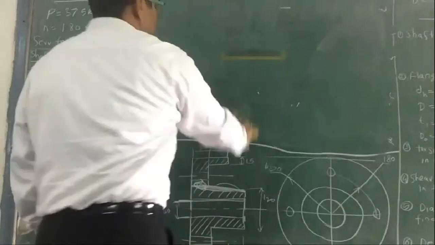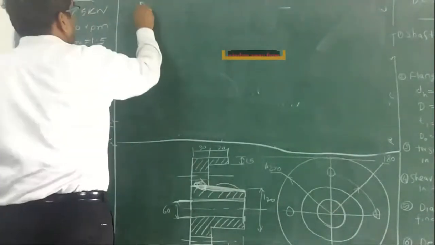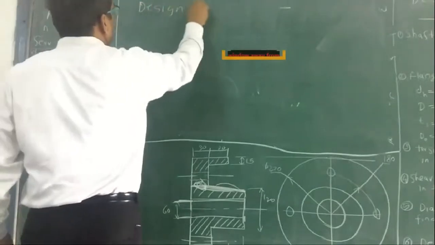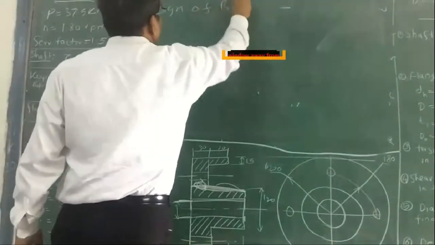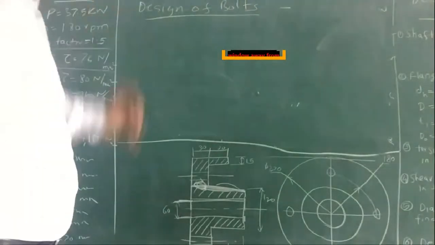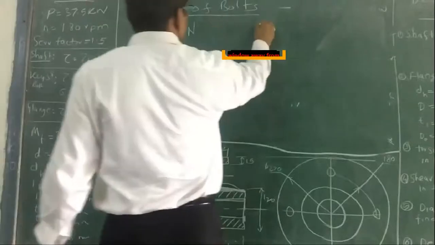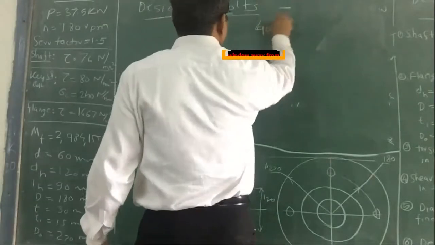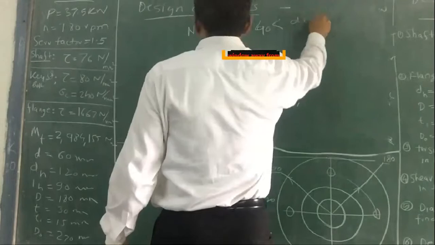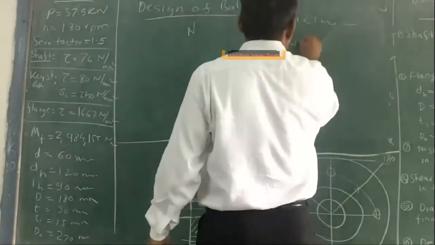Right. First, in the design of the bolts, we have to do two steps. First, the number of bolts, and then we have to find out the diameter of the bolt, right? So for that, n is basically decided by the shaft diameter. If the diameter is 40 and d is less than 100, and our diameter is 60, so for that, n is equal to 4.